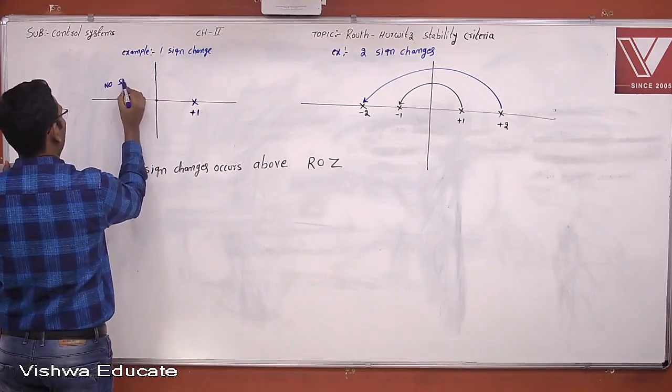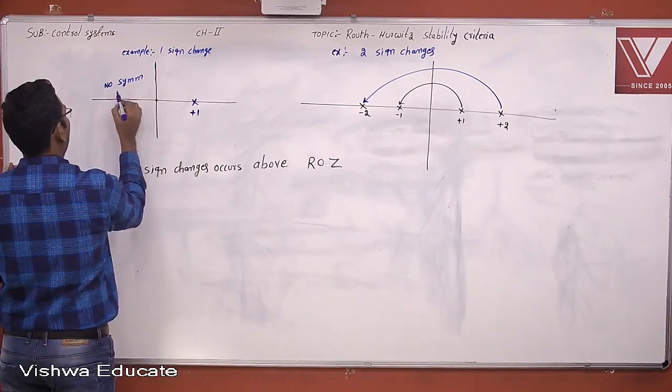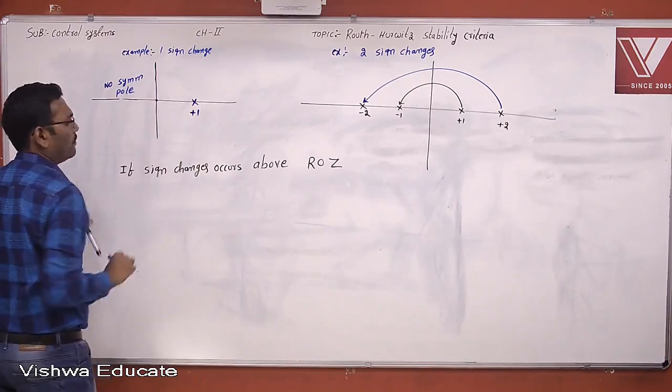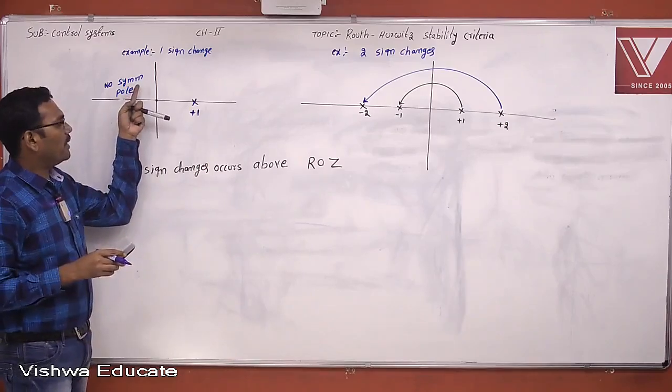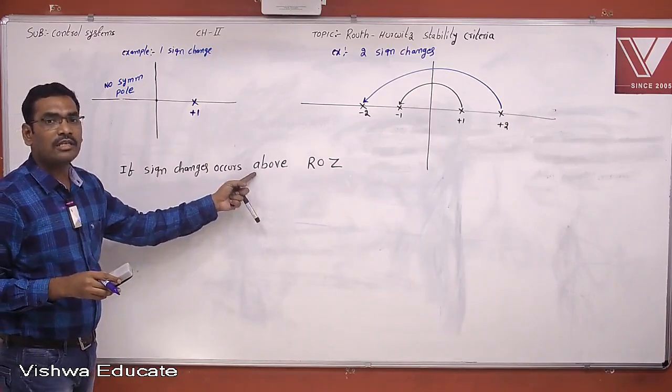No symmetrical pole, when the sign changes above ROZ.